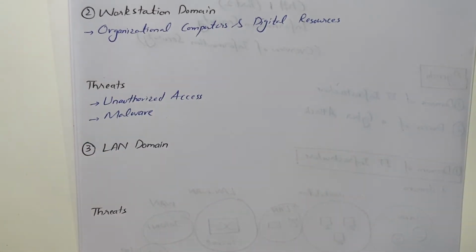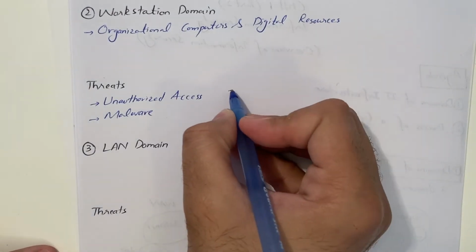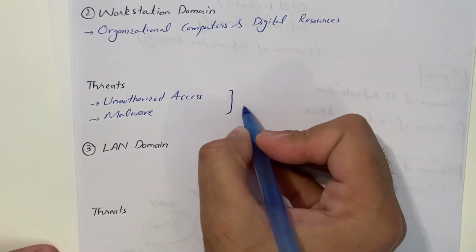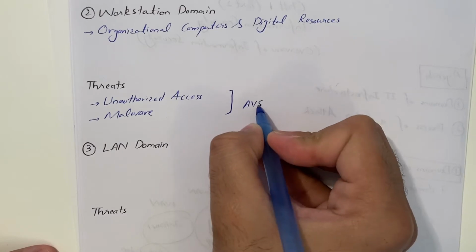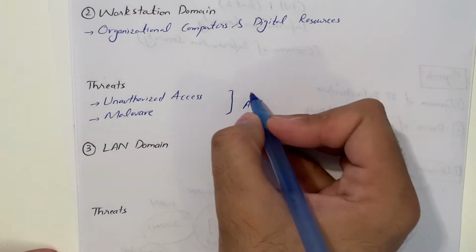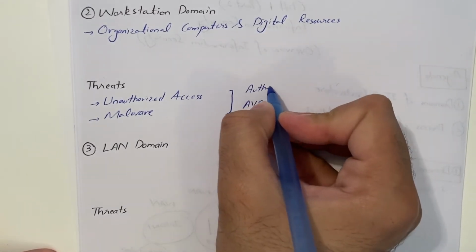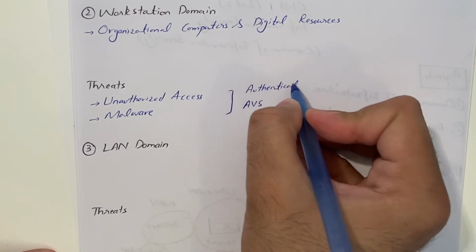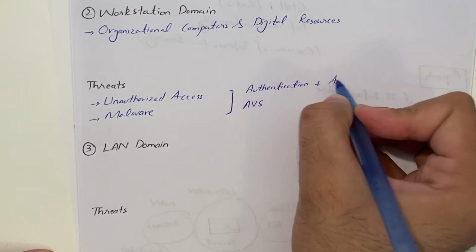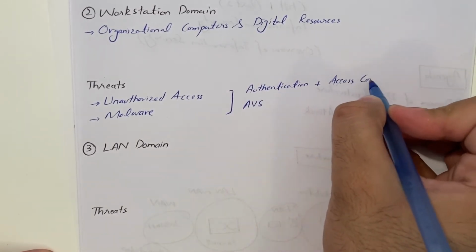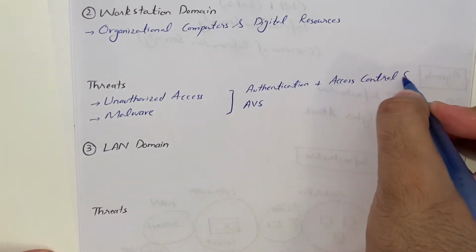Somebody can install malware, and we can get viruses and all that. In order to avoid this, these resources should have an antivirus system, and there should be a proper authentication plus access control system.